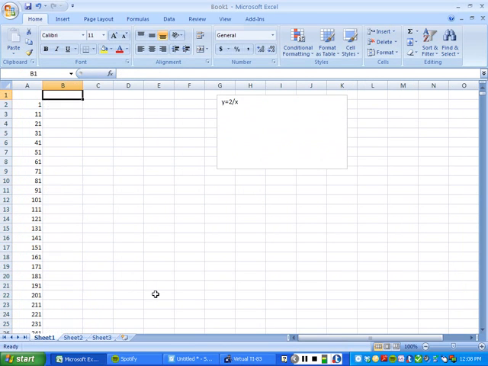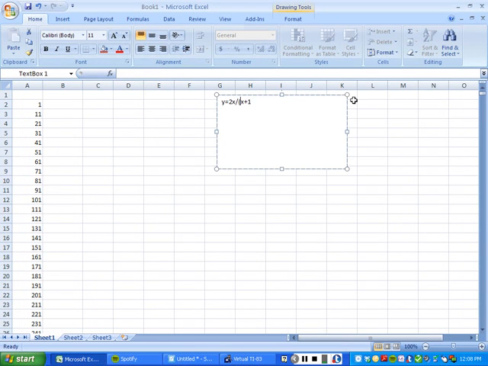If instead of 2 over x, what if I say 2x over x plus 1? What if I say 2x over x plus 1?